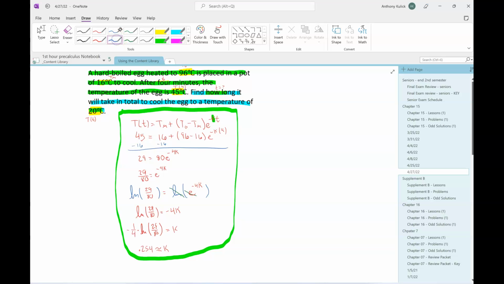Now to do the blue part of the question, we're trying to solve for t in that part.